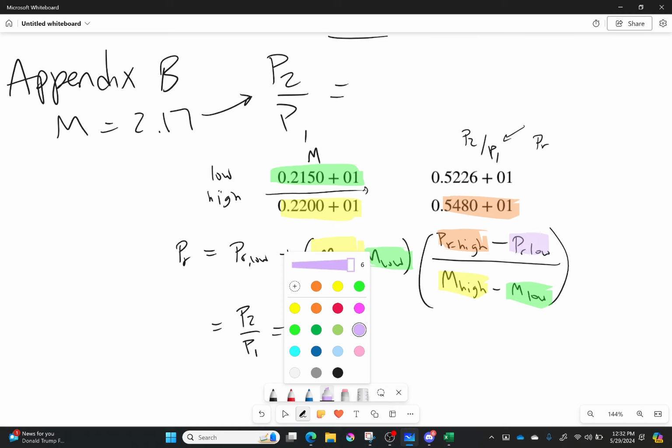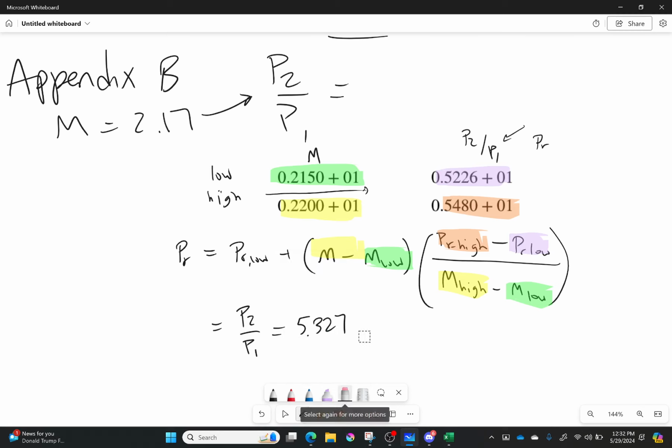And that's the low. Okay. So just trying to show you where everything is coming from. Whoop, I messed up one of them. That right there is not low, it's high. There you go. Okay, everything else is good. And that's low. Beautiful. So with that, I have my pressure ratio.